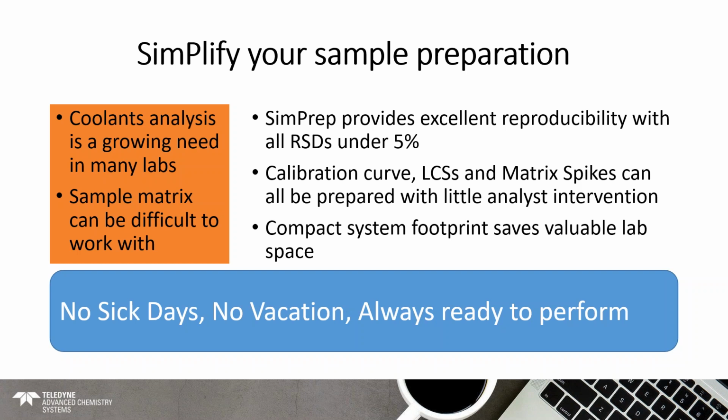So the SimPrep provides excellent reproducibility with all RSDs under 5%. Your CalCurve, LCS, and matrix spike can all be prepared with very little analyst intervention. It's a compact system, which saves valuable lab space, and it doesn't take sick days, it doesn't take vacation. It's always ready to perform.